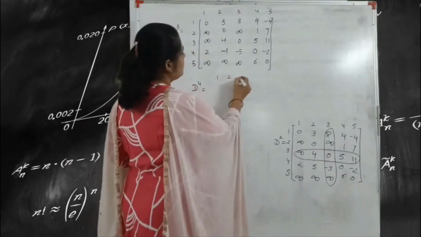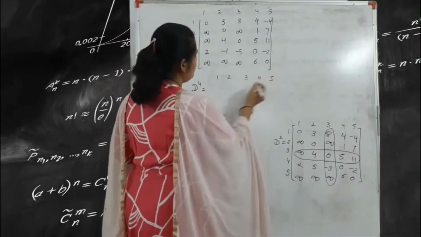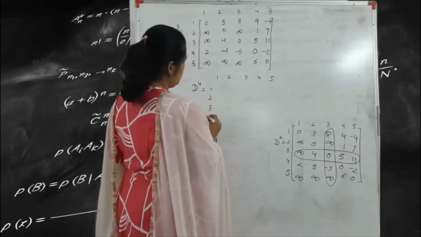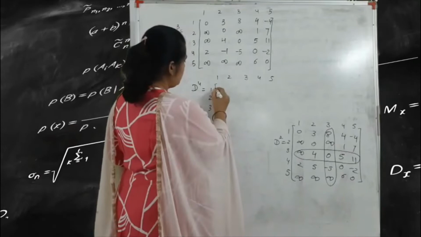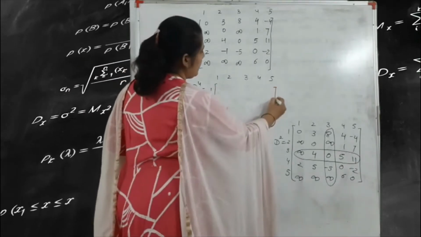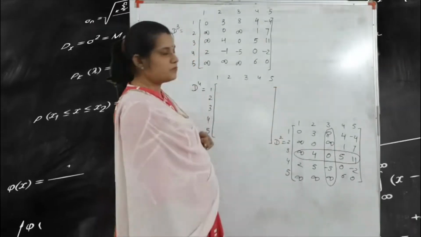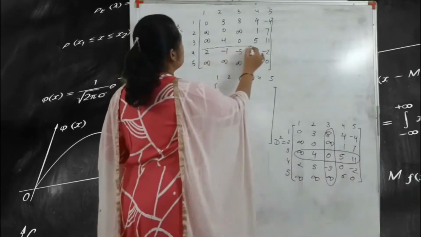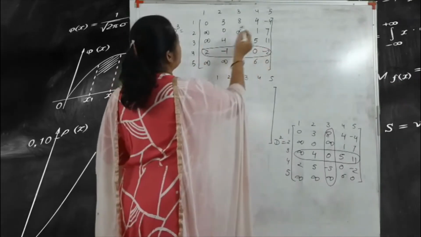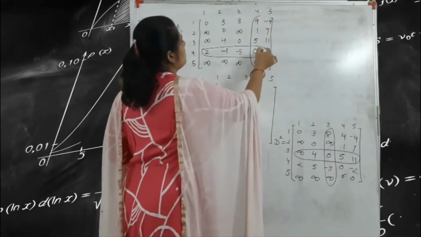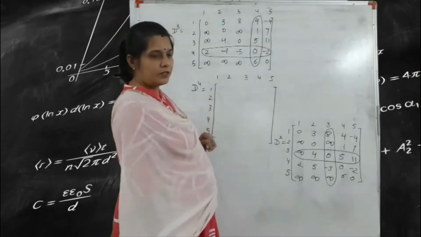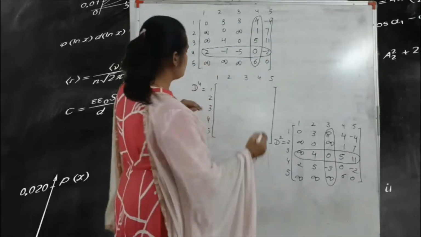So we write here 1, 2, 3, 4 and 5. Your highlighted value is the fourth row and fourth column. First you copy here the fourth row and fourth column.